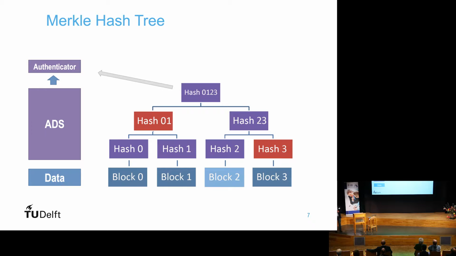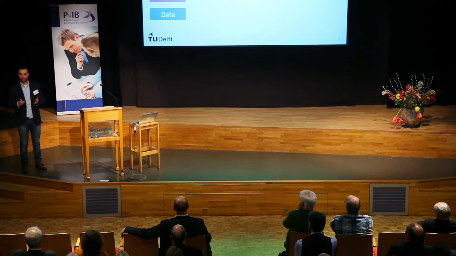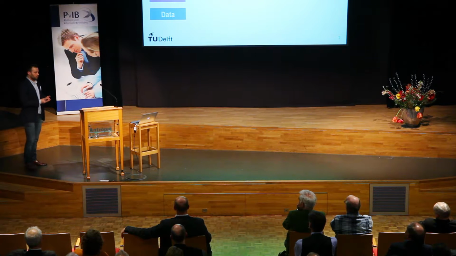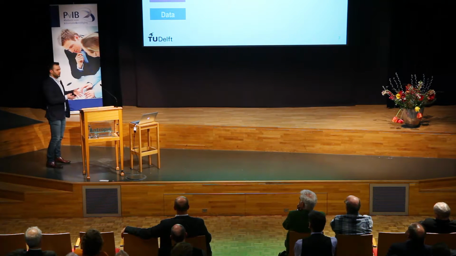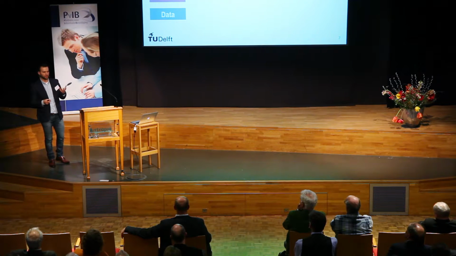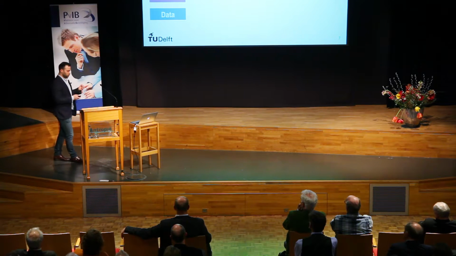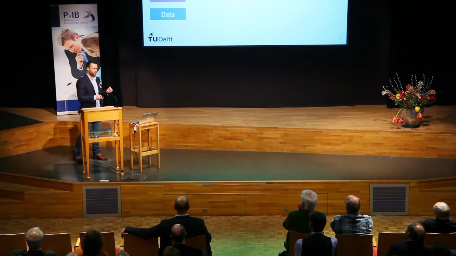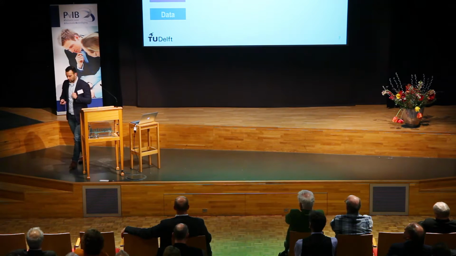Listeners with a computer science background should know about data structures. This is yet another structure, but it is the authenticated version. What does it do? You have the data, you compute a data structure, and this data structure lets you compute an authenticator, a signature of the whole data you have, and this authenticator will help you to verify the integrity of the data later on.